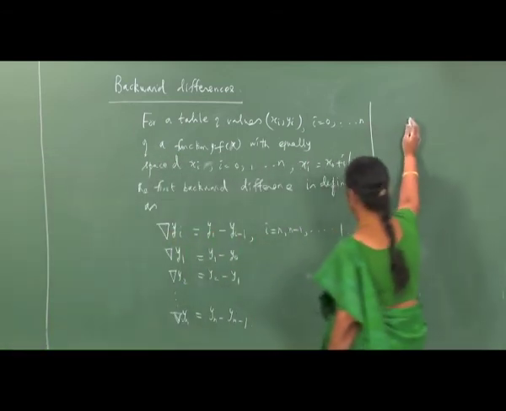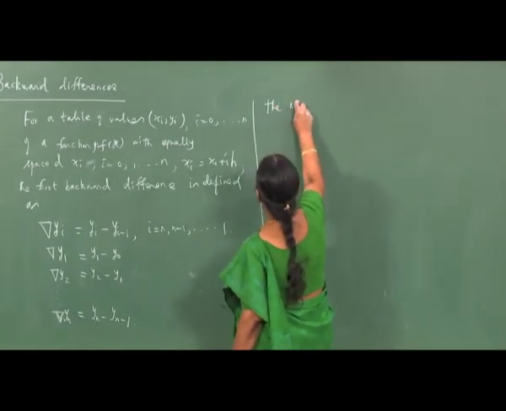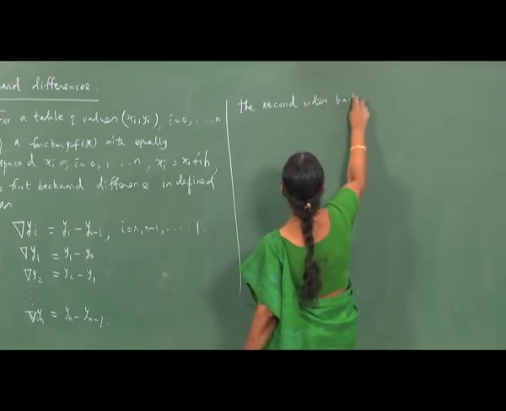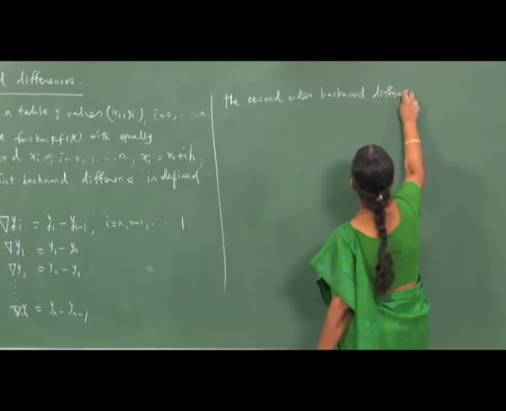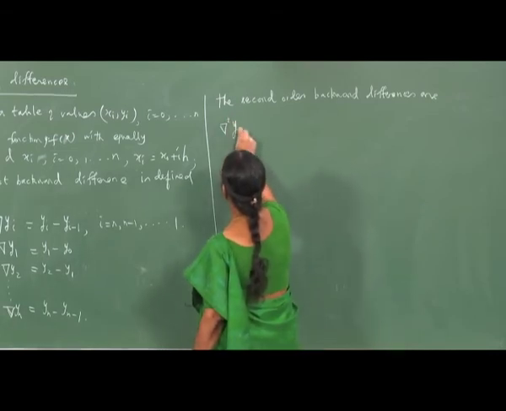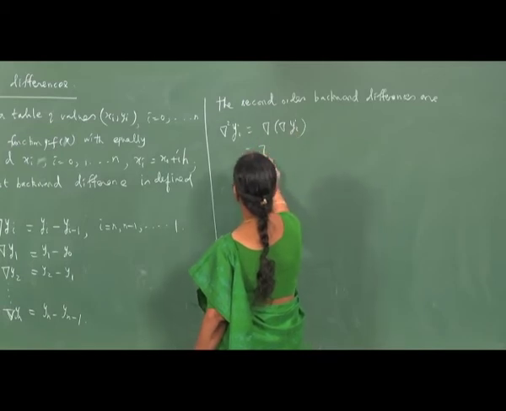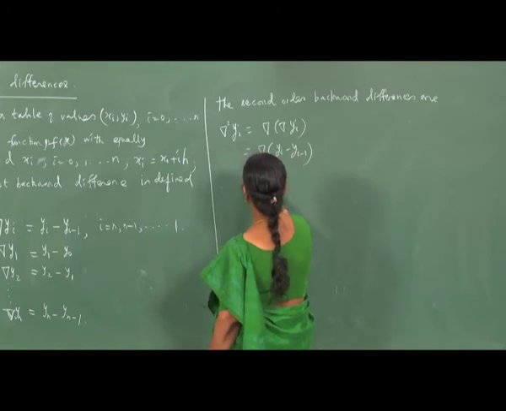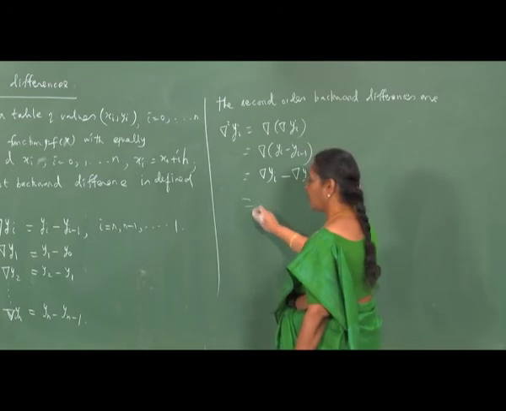So, I can now compute the higher order differences. So, the second order backward differences are given by, say, del square on yi. So, it is delta on delta yi. So, it is delta on yi minus yi minus 1. So, delta yi minus delta yi minus 1.